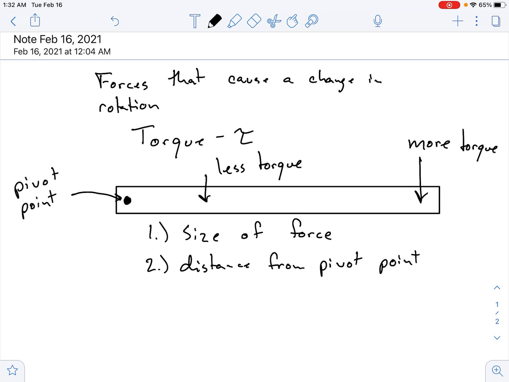The last thing is going to be the angle of the force. And we're going to talk about it in terms of its relation to the radius of curvature. Right, the angle to the radius.